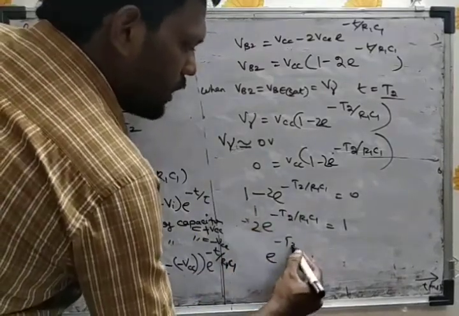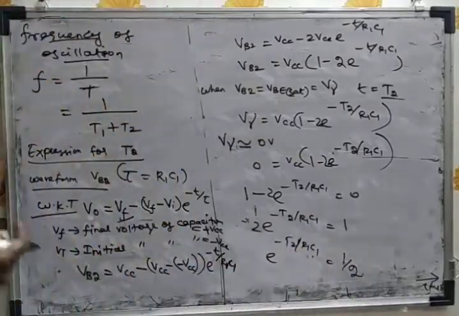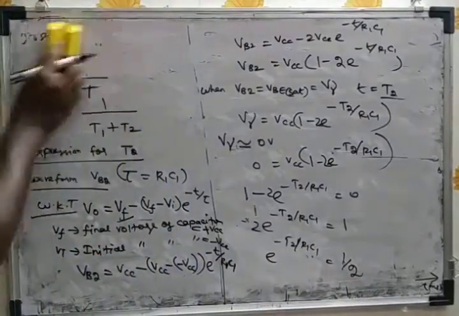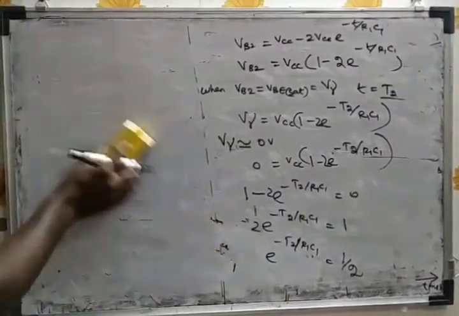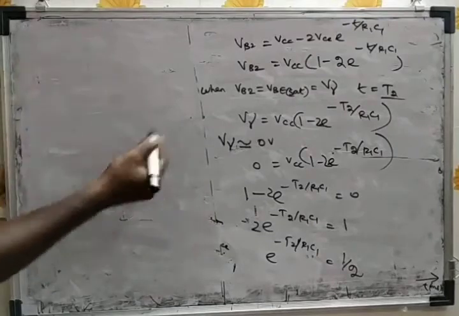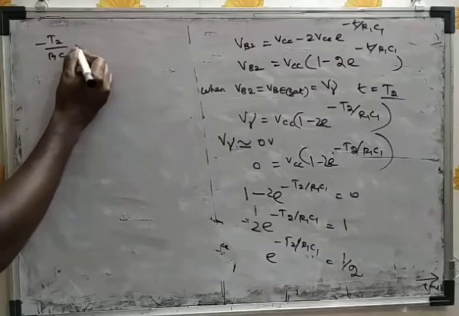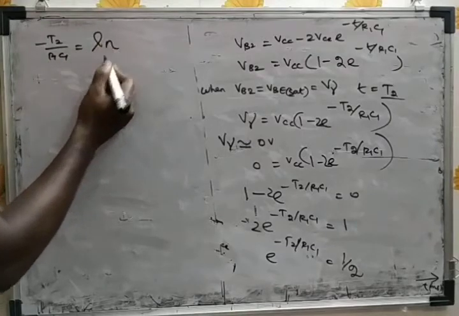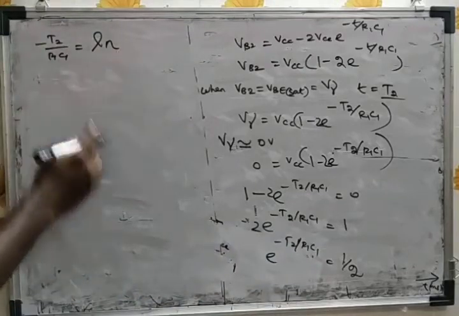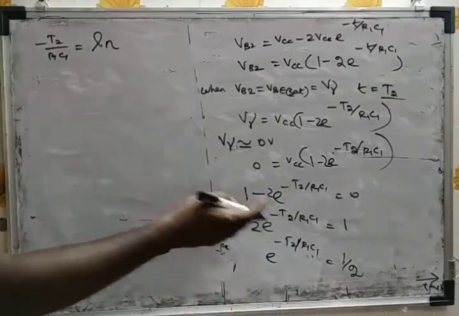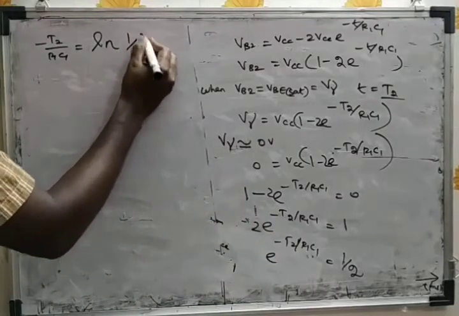So e power minus T2 by R1 C1 is equal to 1 by 2. So your minus T2 by R1 C1 is equal to ln 1 by 2, taking the natural logarithm.